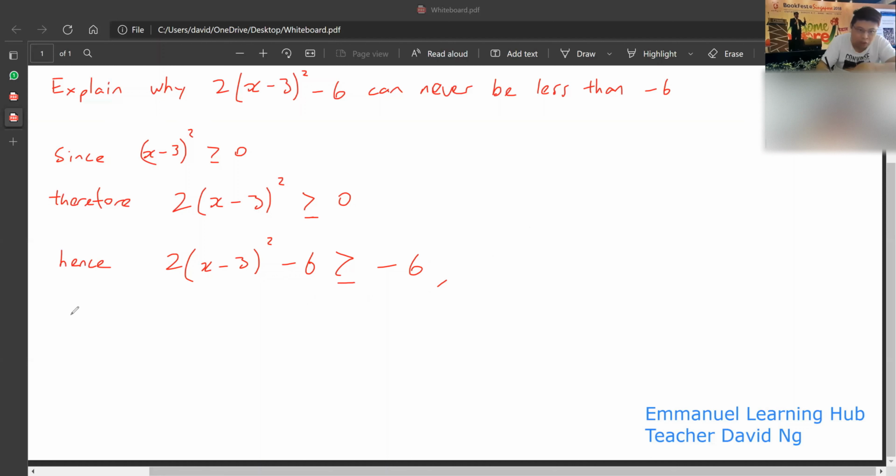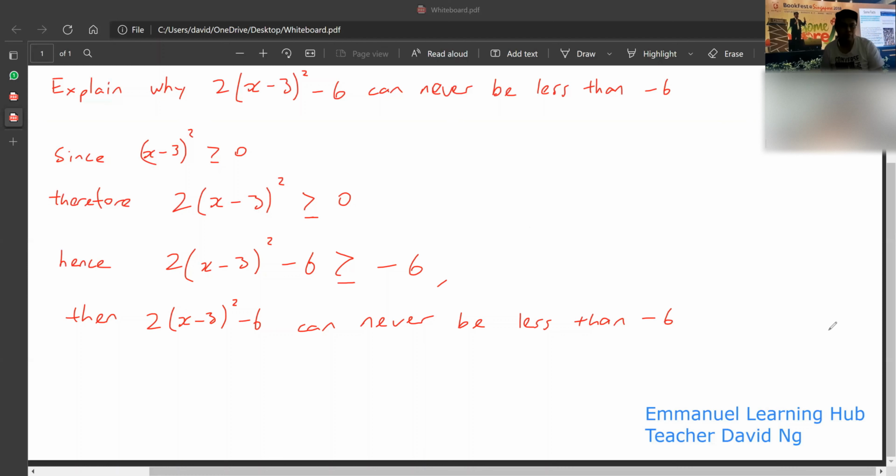Then you can write it in words. Usually the last statement, right, you copy from the question what they ask you to prove. Understand, no? Yeah. Since, therefore, hence.